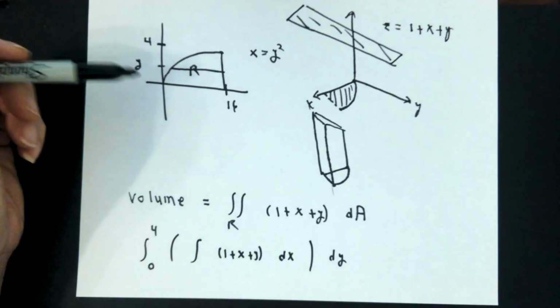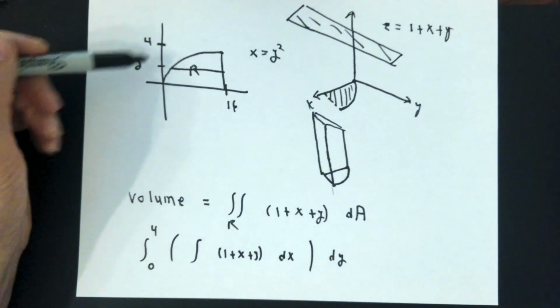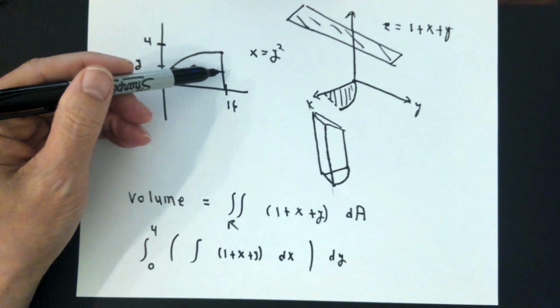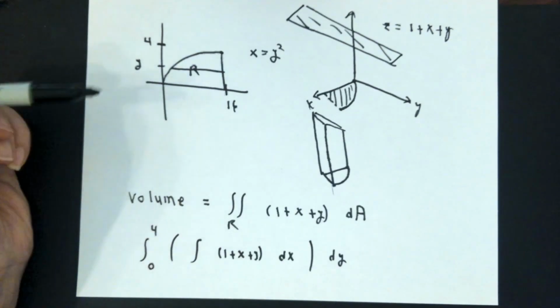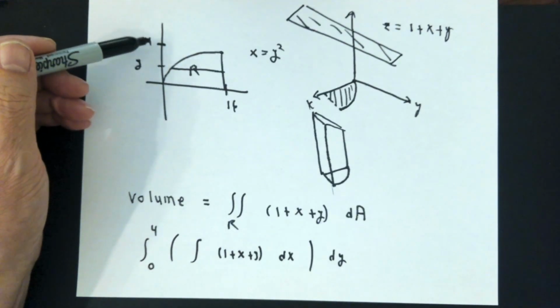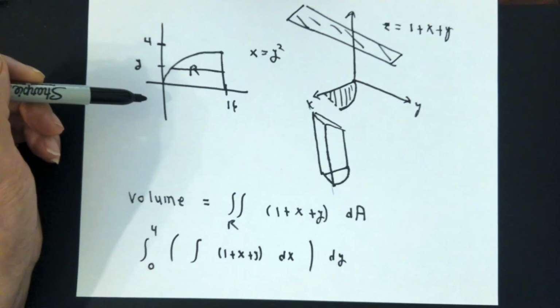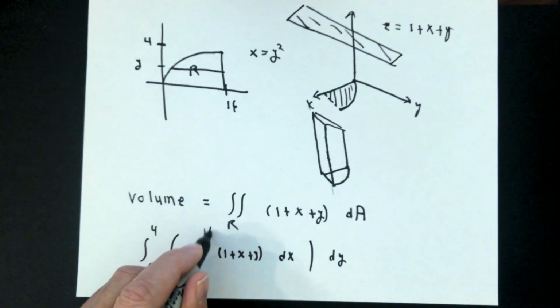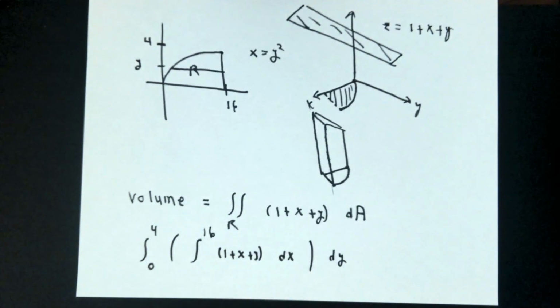Given a y number somewhere between 0 and 4, the x numbers that go with it in the region can be as large as 16. This is true regardless of what the y value is. So for the inside integral, the upper limit of integration will be 16.